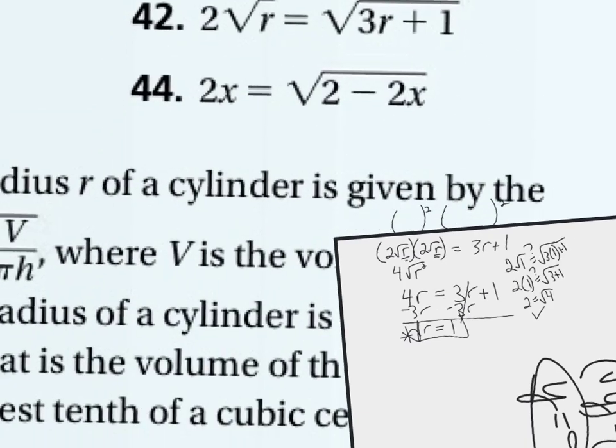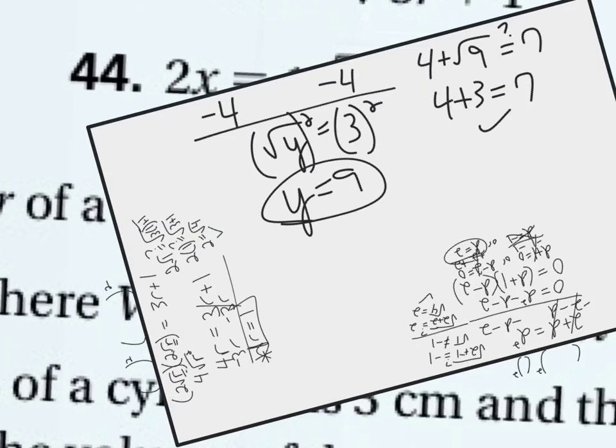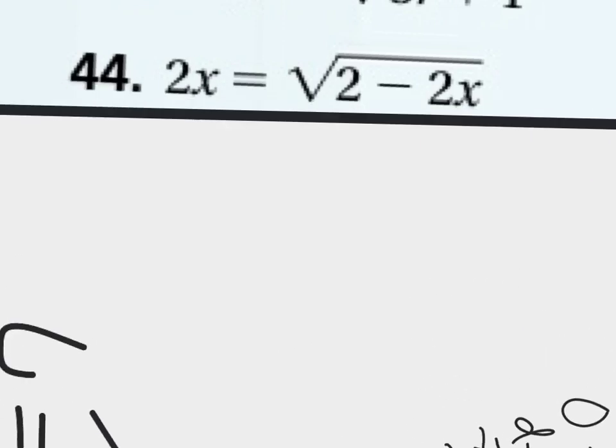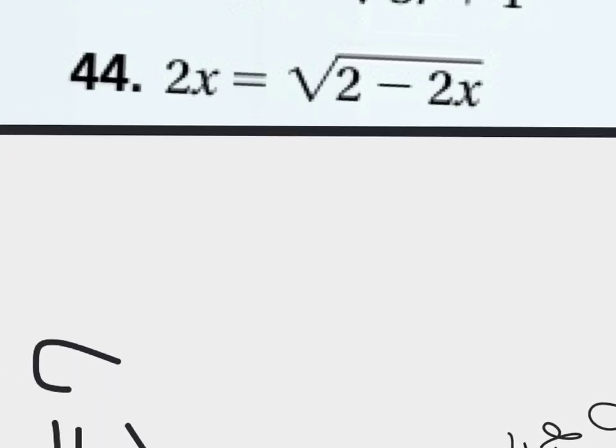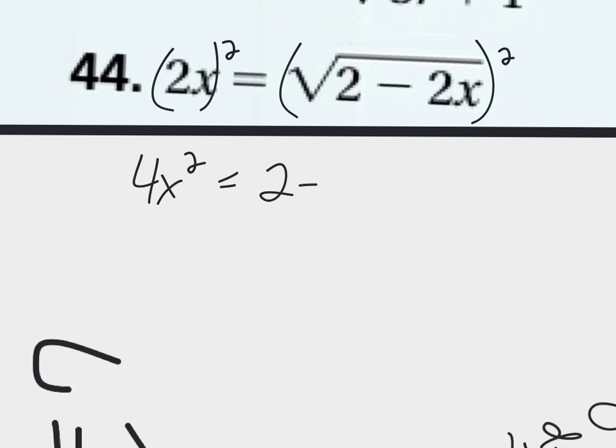And then if we look at number 44, the radical is already isolated here, so we can go ahead and square both sides. That would be 4x squared. And again, we've introduced a squared term that we didn't have before. We have a squared term, an x term, and a constant.